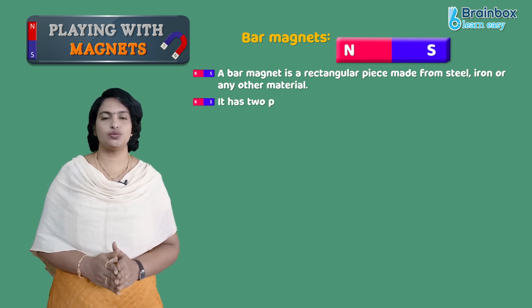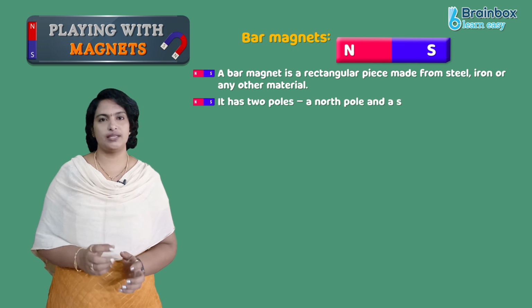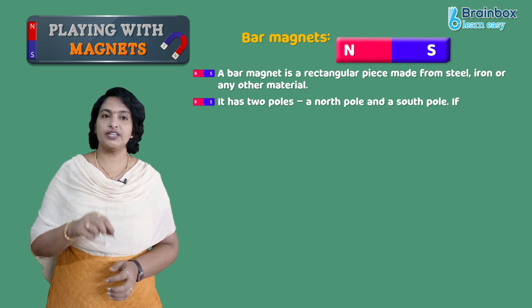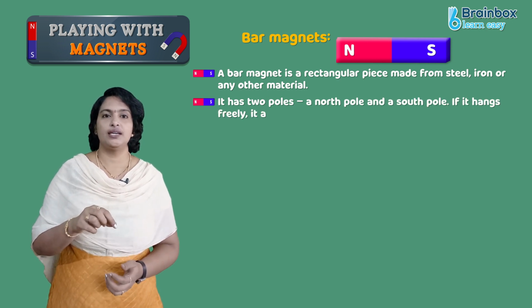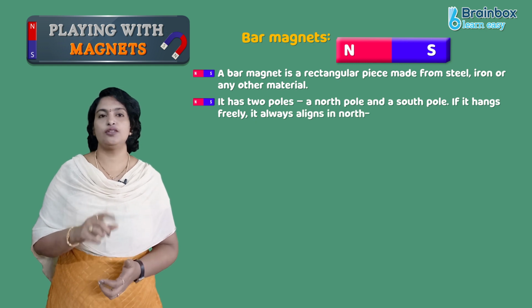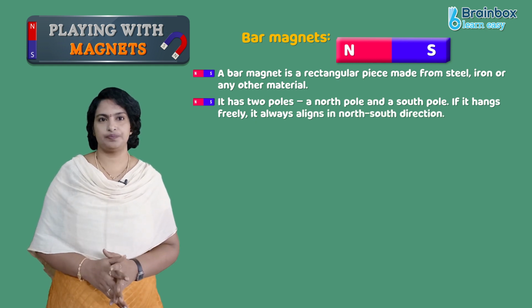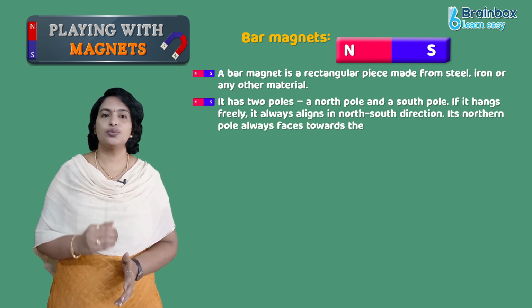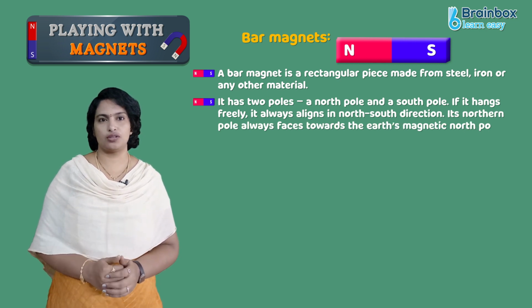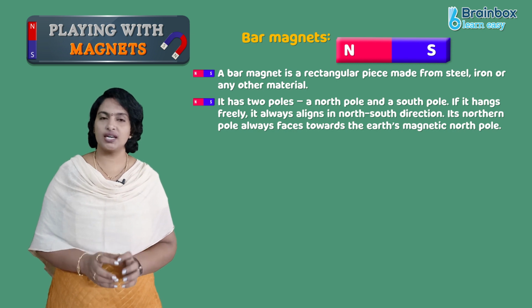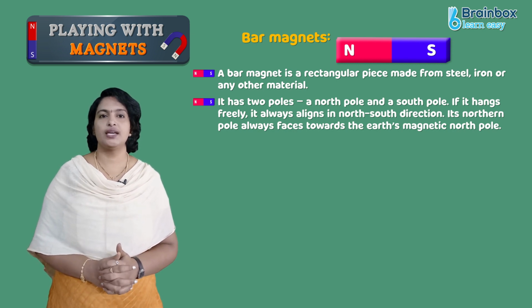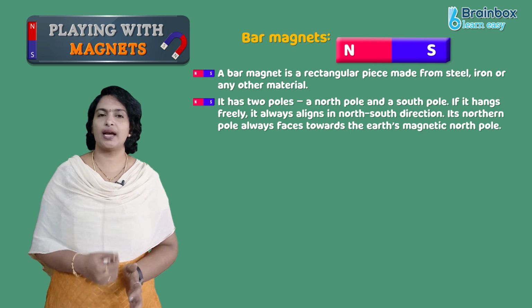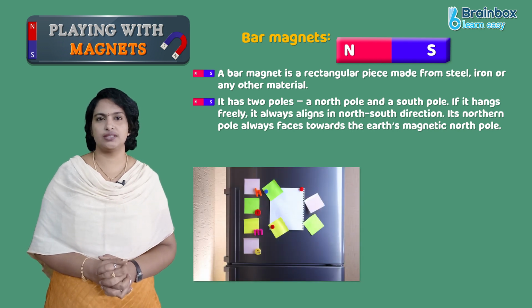So it has two poles, a north pole and a south pole. If it hangs freely, it always aligns in the north-south direction. Its north pole always faces towards the Earth's magnetic north pole.